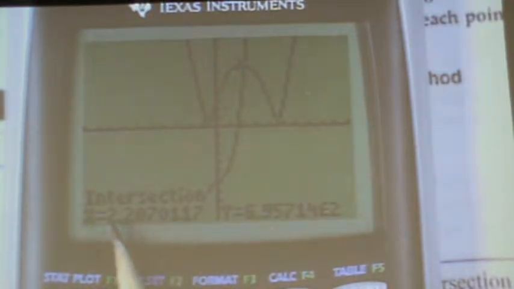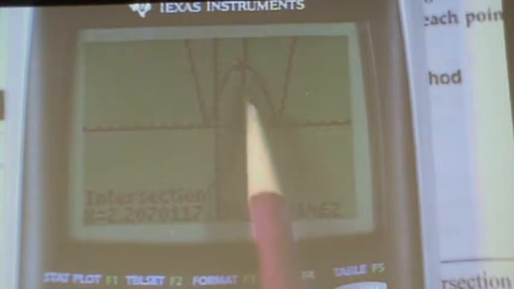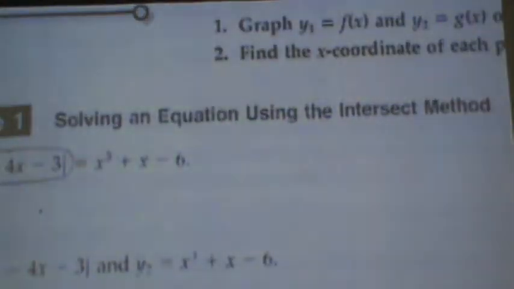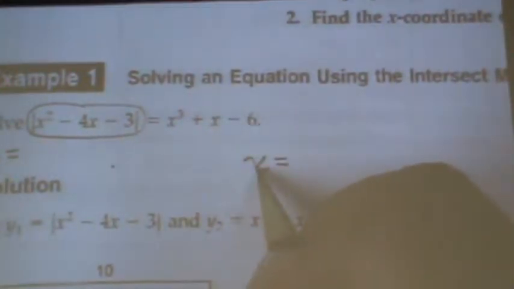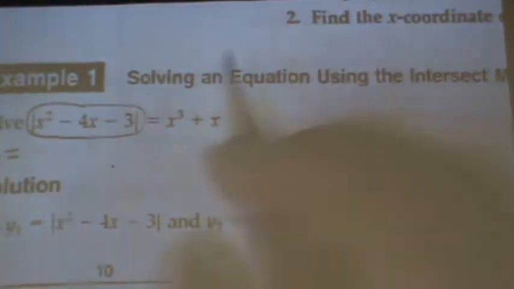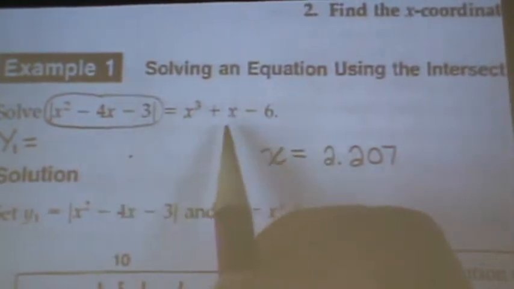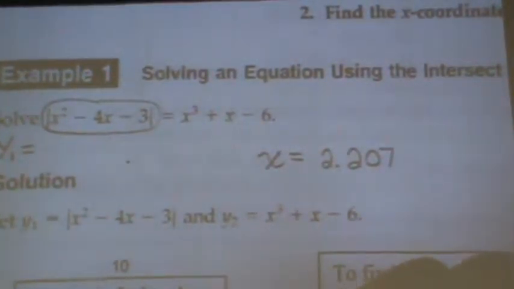This x value is the answer, 2.207. So along the x-axis, that would be 2.207. So in other words, x is equal to 2.207. If you were to plug this number into this equation, the left side and the right side would match. The left side would equal the right side. Okay?